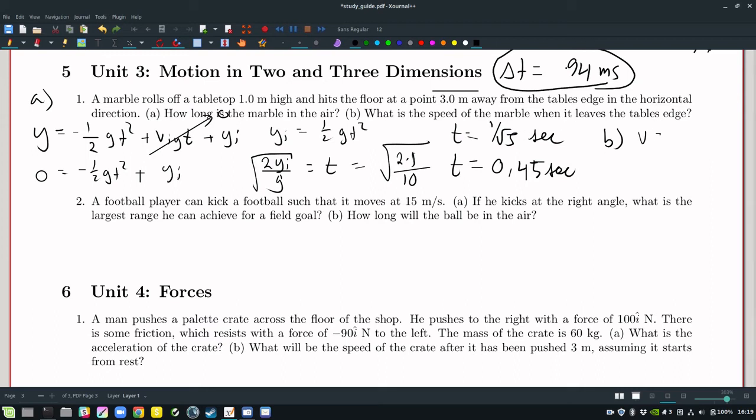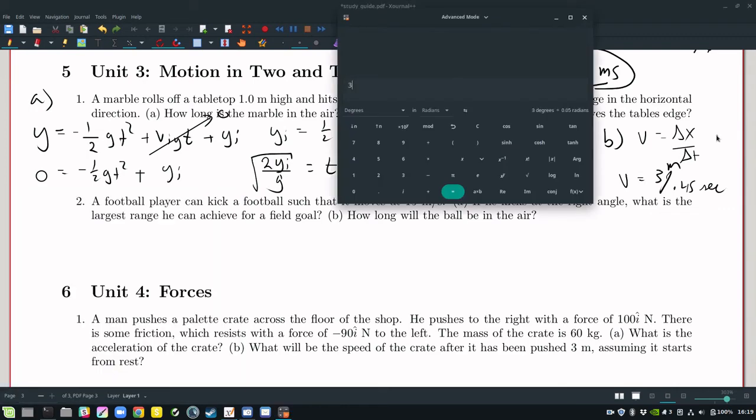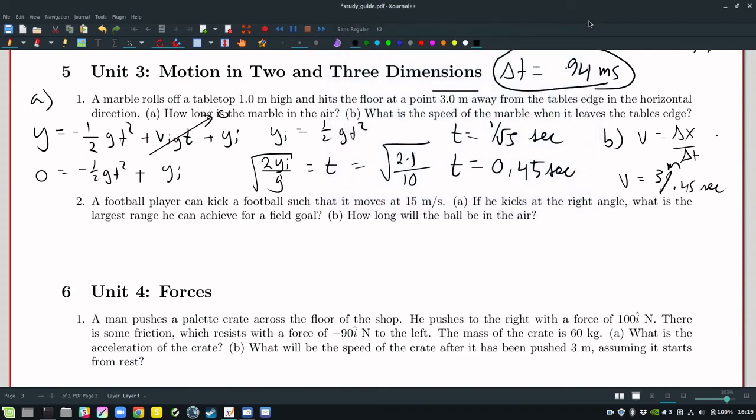And so the velocity is just the distance in x divided by t. The proper delta x in this case is 3 meters from the problem, and we know that the time is 0.45 seconds. So 3 divided by 0.45 gives us 6.67 meters per second for the velocity.